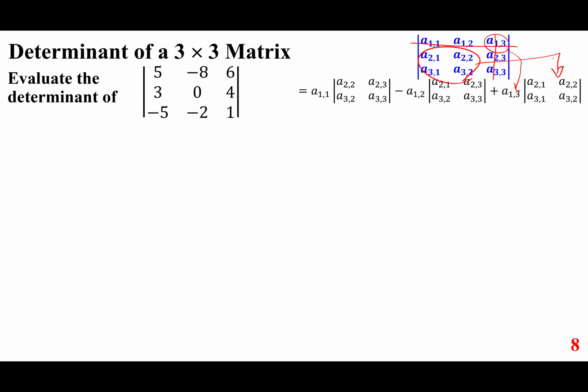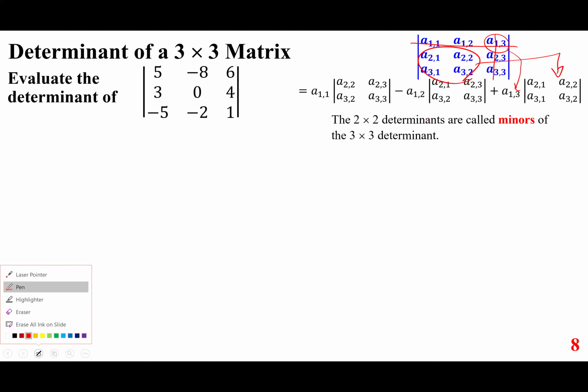So the 2 by 2 determinants are called minors of a 3 by 3 determinant.